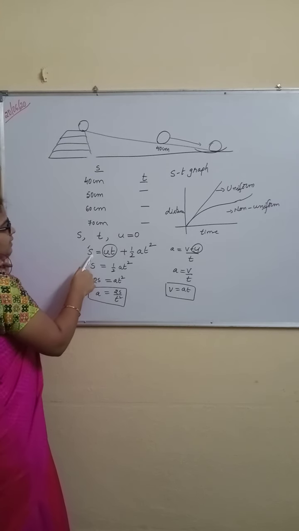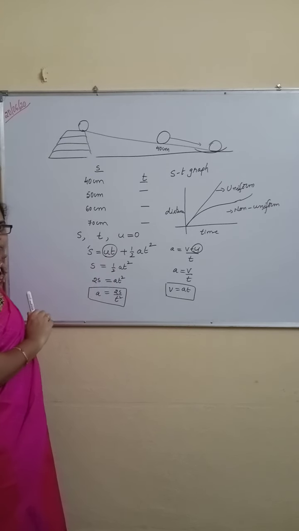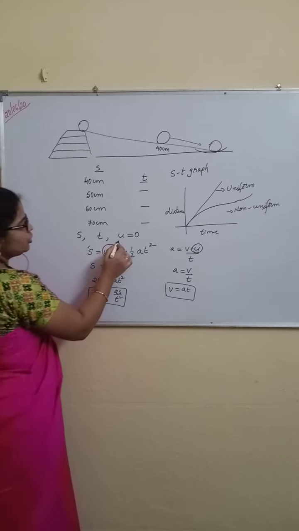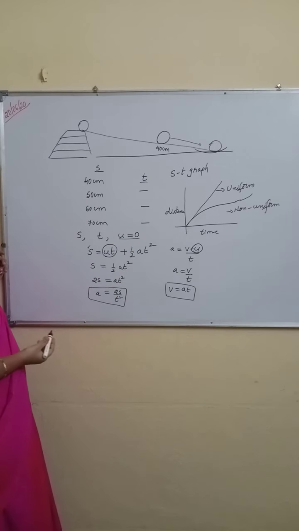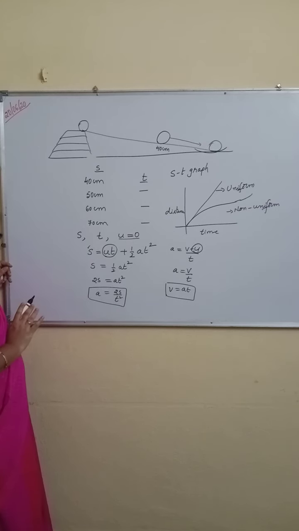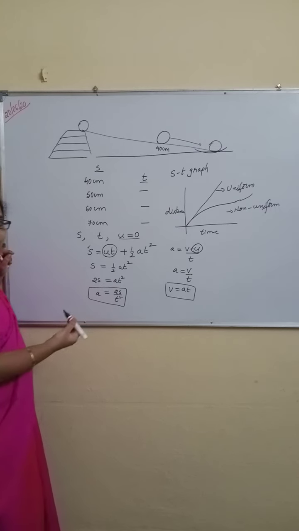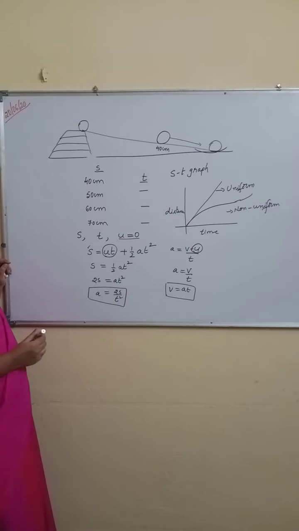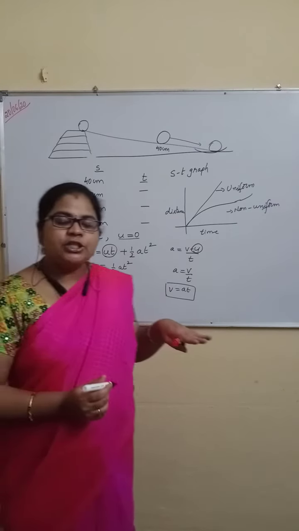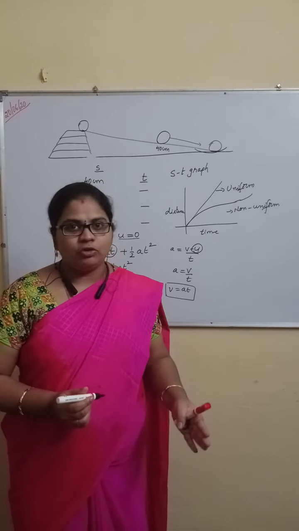We have S is equal to ut plus half at square formula. Here the initial velocity u value is 0. So when you substitute this, you will get the acceleration formula, that is 2s by t square. By keeping the s and t values here, you will get a. And after finding the acceleration, you can calculate the velocity also.